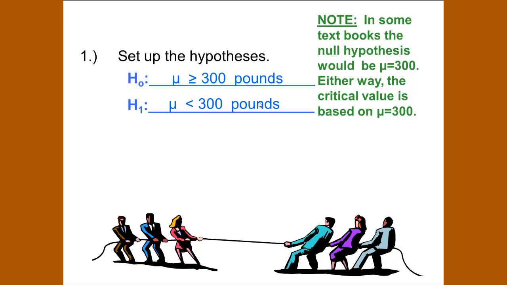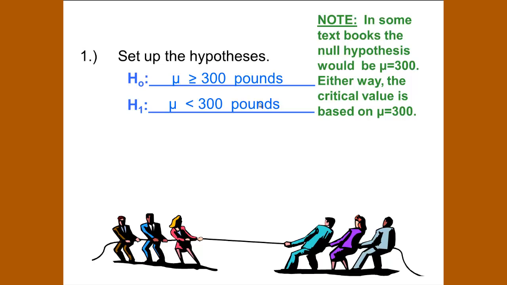Other teachers and texts approach this from the point of view that the claim can be anything, but that the null must be the equality statement. In both cases, the results and the conclusions actually come out the same, in that the null will include the equality: less than or equal to, greater than or equal to, or equal to, and the alternate will not.